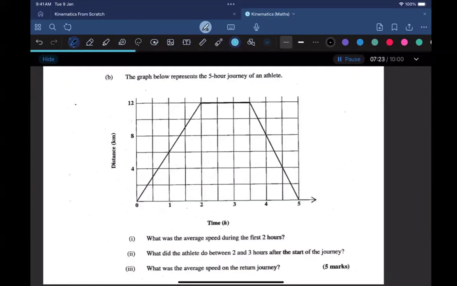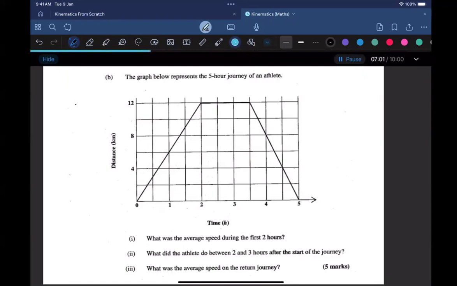I have a question. Since the time is in hours, do we change it to minutes? No, you don't change it. When I'm writing kilometers, do I put kilometers per second? Everything you do has to make sense.